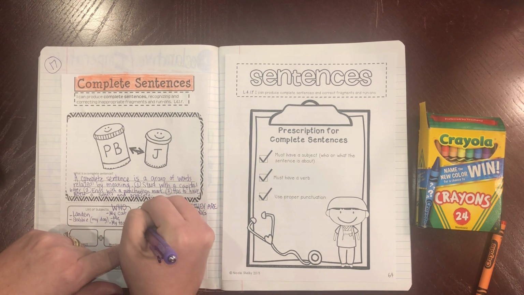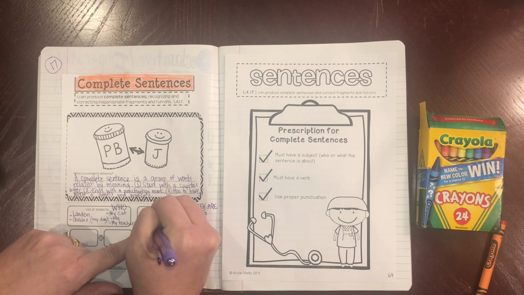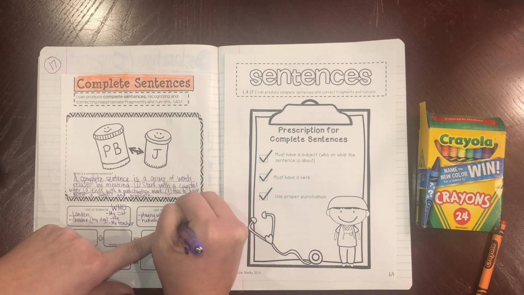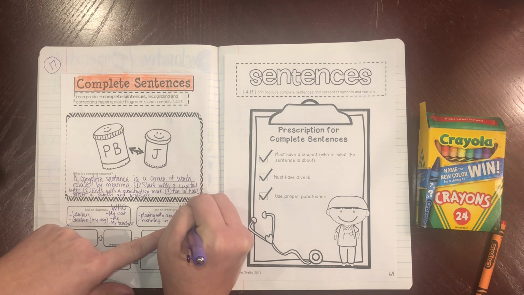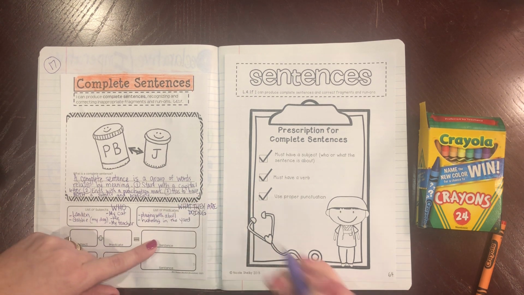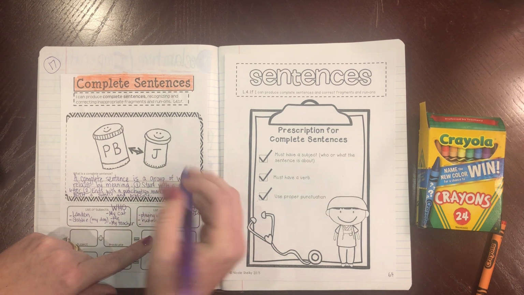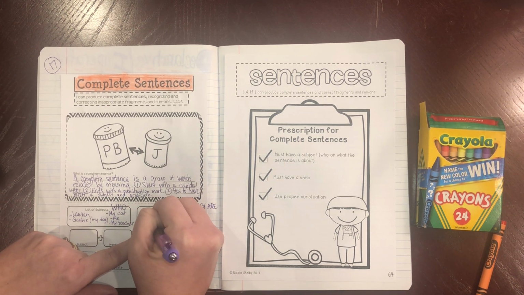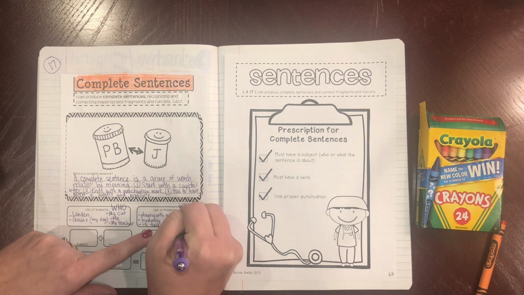We could say is running in the yard. And we could say possibly is talking to the class.